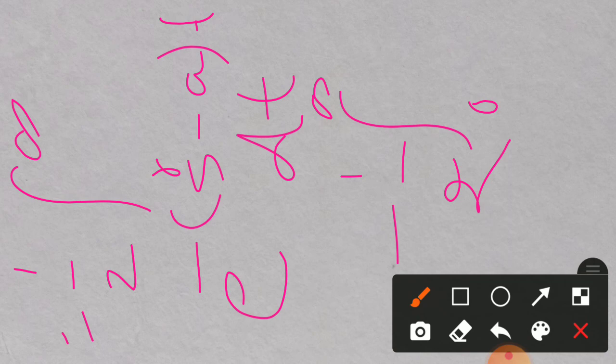Again, e raised to power minus st was outside the bracket and e raised to power minus at was inside the bracket. If you multiply e raised to power minus st by e raised to power minus at, you will get e raised to power minus s plus a t dt.